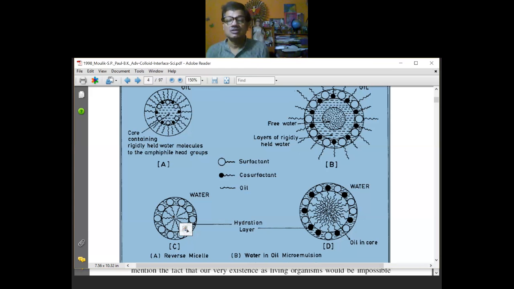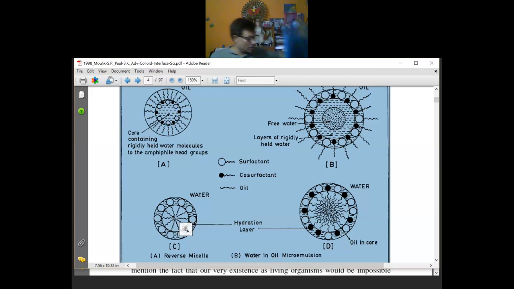This is called a swollen micelle, meaning it has swollen a bit. On the other hand, if I add some water into the reverse micelle, the size will increase. In the first case, in water, it is called a swollen micelle. In the second case, it is called a swollen reverse micelle.